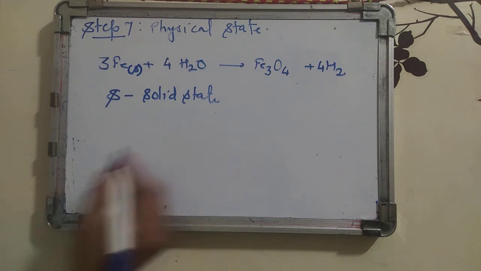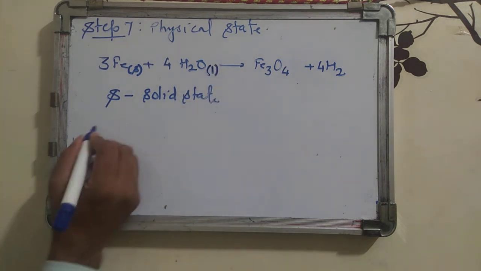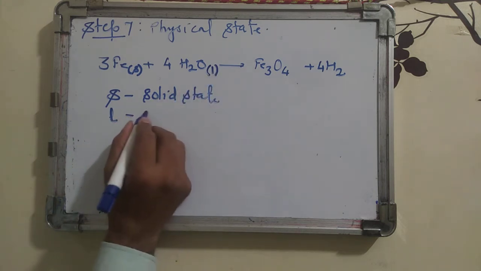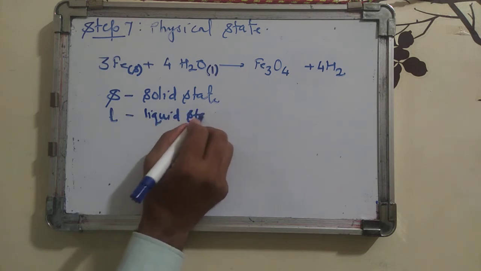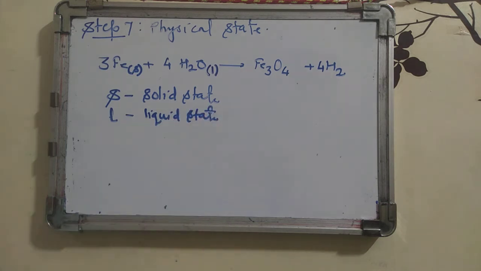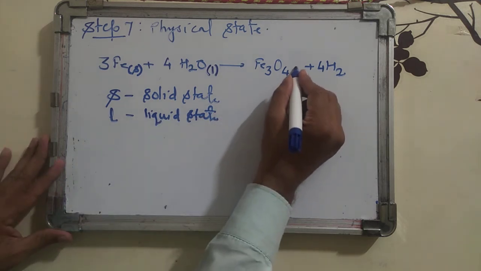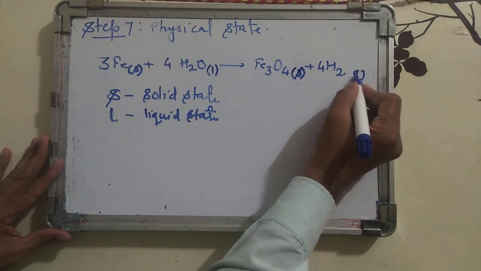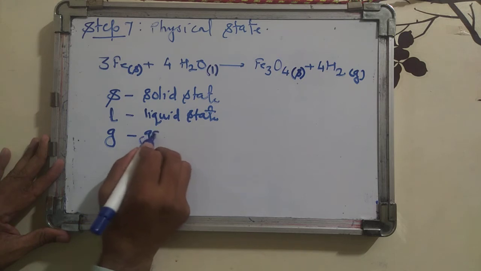Water is always found in the liquid form, so we write L as a subscript, which is called the liquid state. Generally for solvents we use this L. Fe3O4 is always found in the solid state, and hydrogen is in the gaseous state, and G stands for gaseous state.